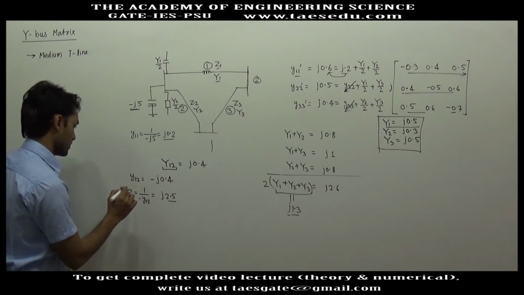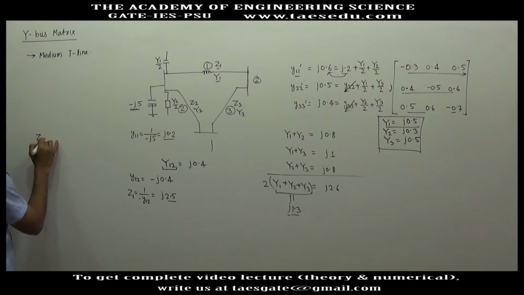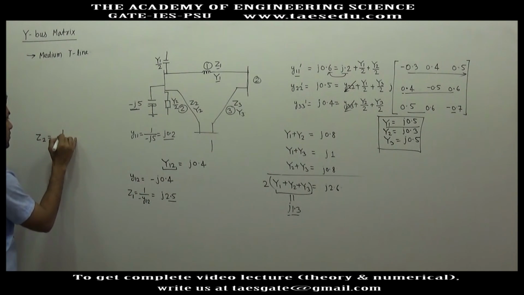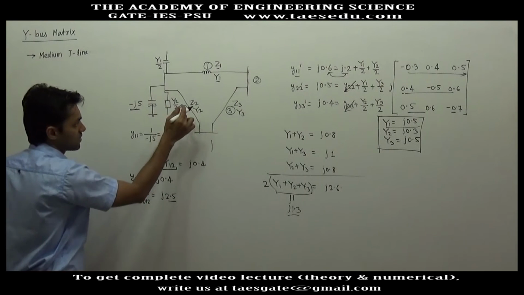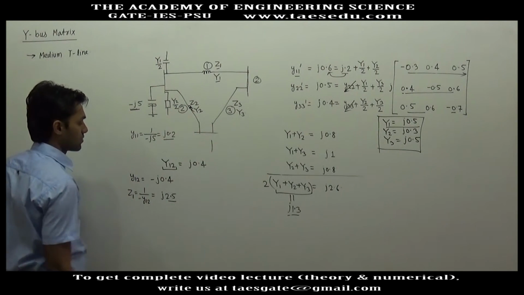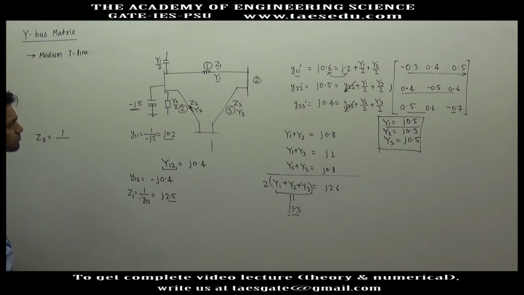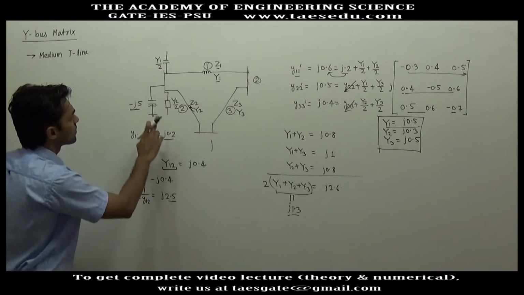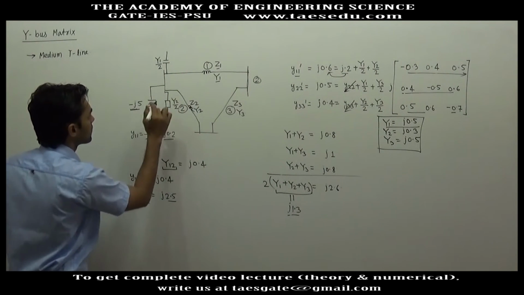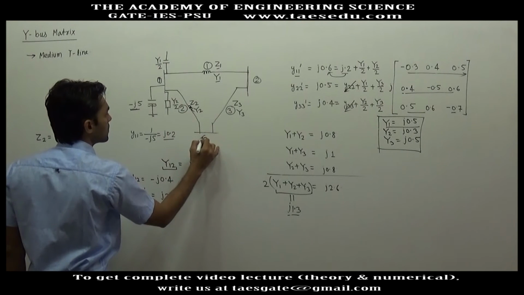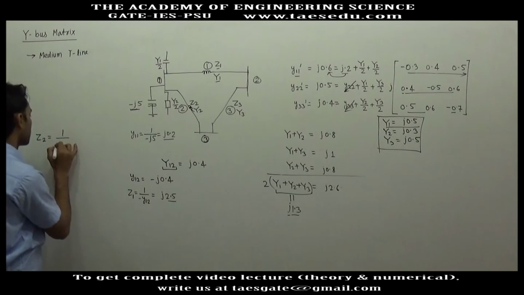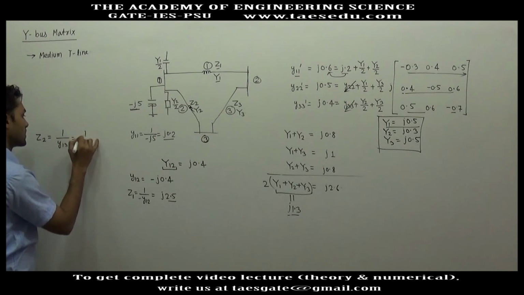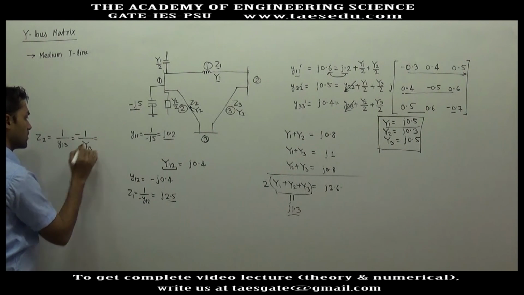This is z1. Similarly z2 will be the series part of the second transmission line. For this part, this is bus 1, this is bus 3. We will use y13, and this is nothing but minus of capital Y13.